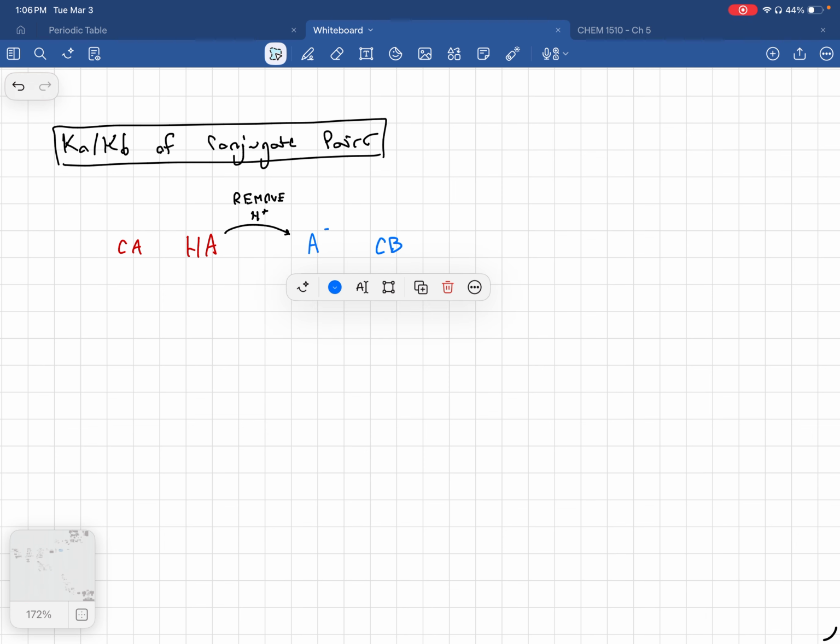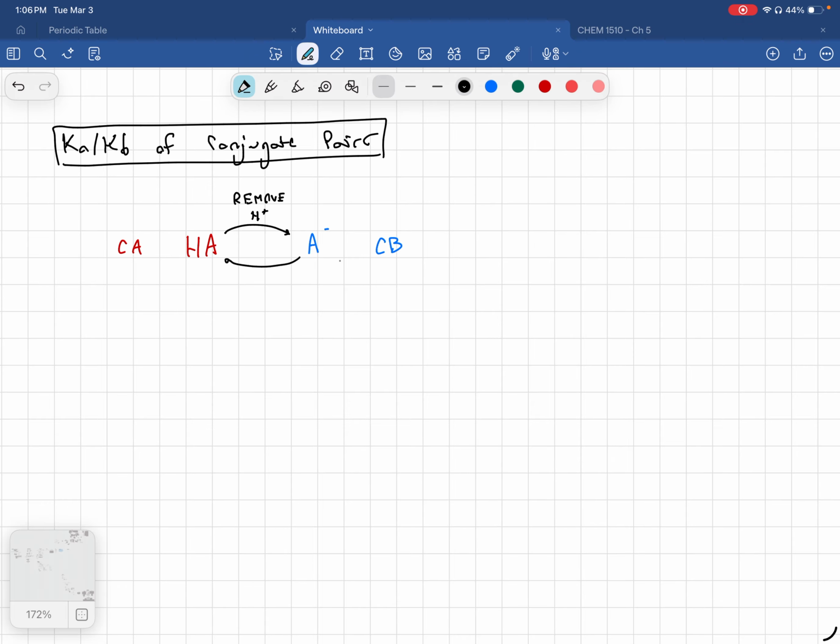And going in the opposite direction, if we want to see the conjugate acid of some base, like A minus, then we would add H plus to the structure. So this is a conjugate acid-base pair.